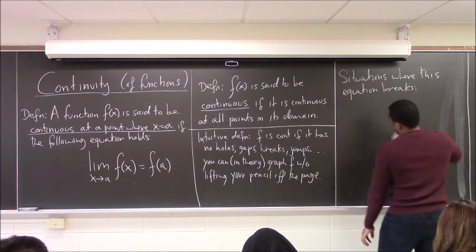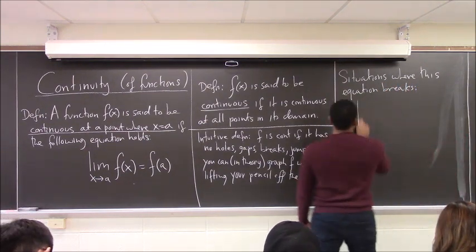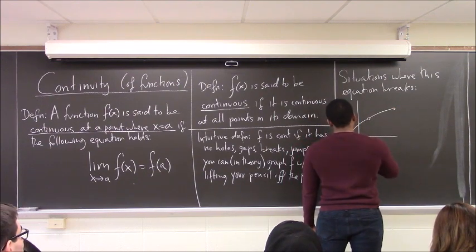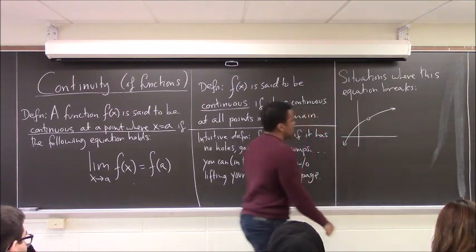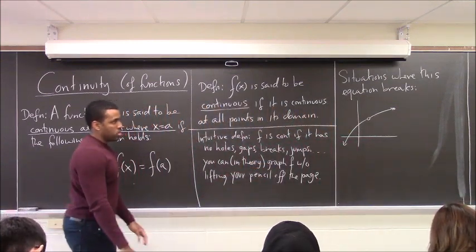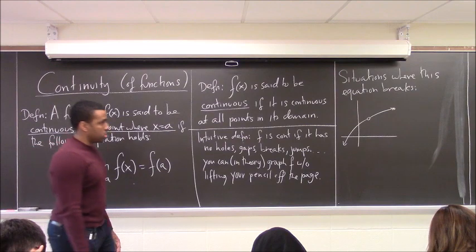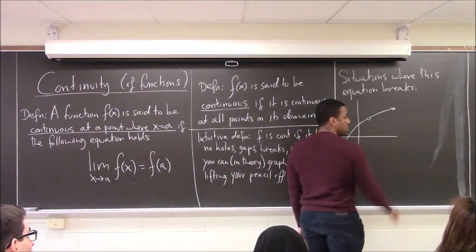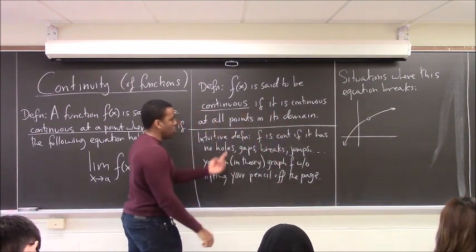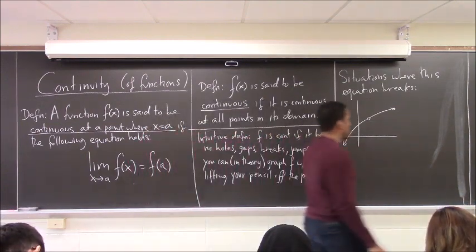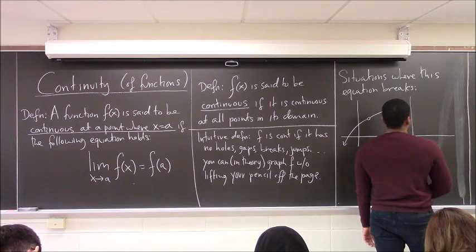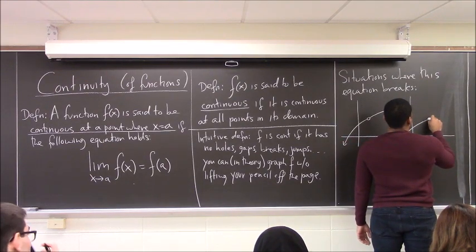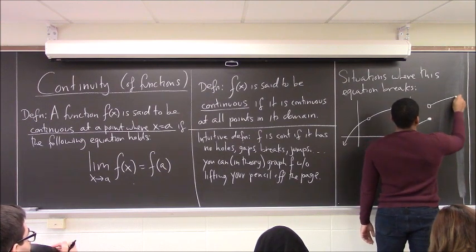Here's one example. Say we have a function, but there's a hole. We've seen functions like this already. Now, intuitively, that will seem like something that is not continuous, because there's a hole. As I'm drawing this, I have to lift up my pencil to jump over this bad point and then continue, right? There's a hole in this function. It's not continuing. You could also have a situation where you're doing like this, and you jump up here.